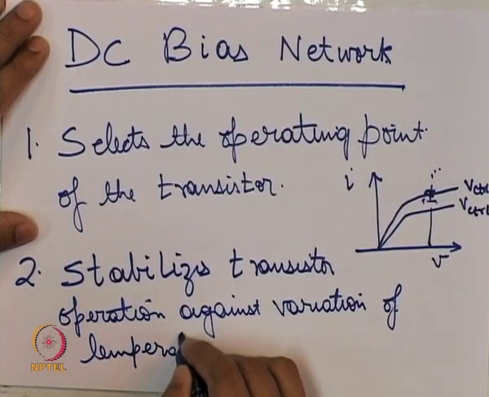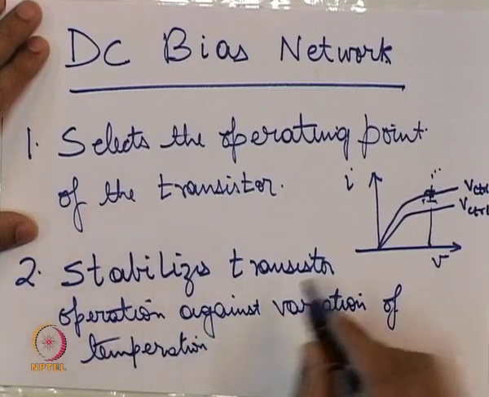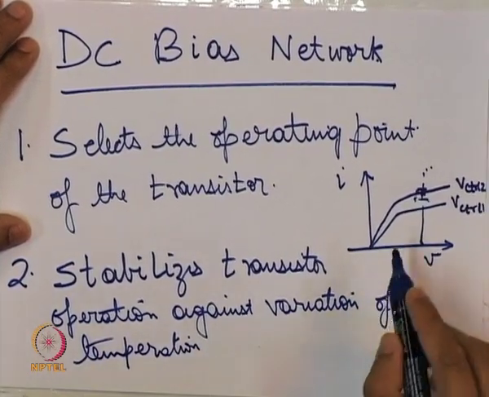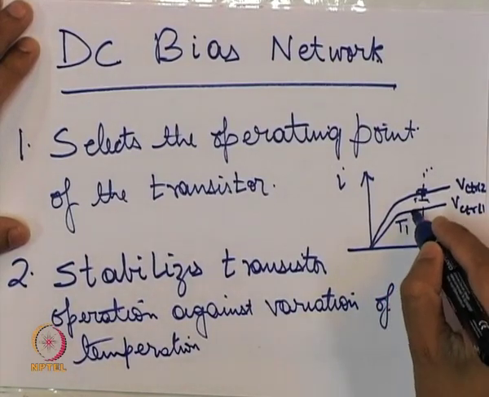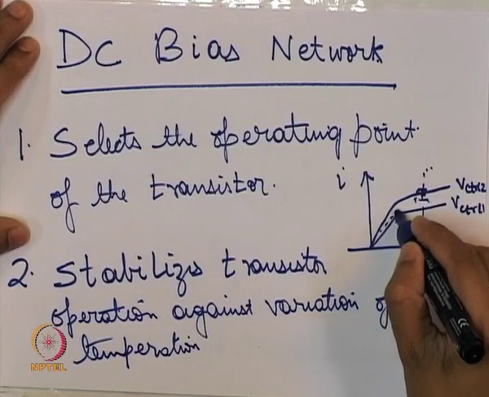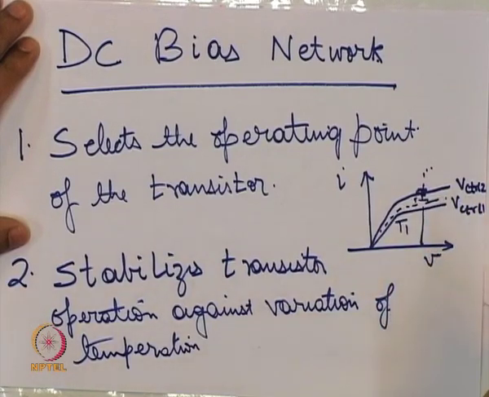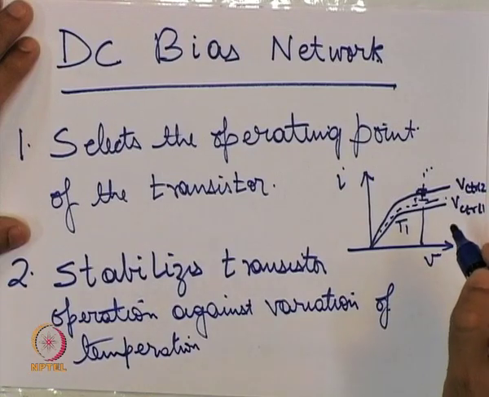So, if we go back to this same curve, suppose at temperature T1 this is the characteristic, when the temperature changes, the characteristic itself might shift.